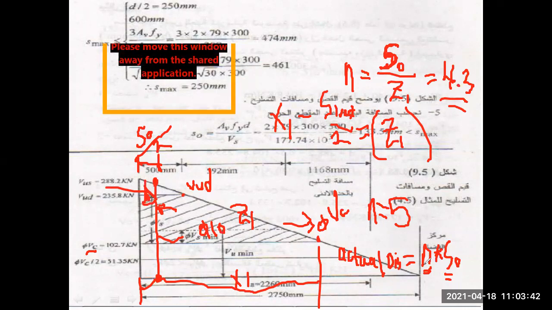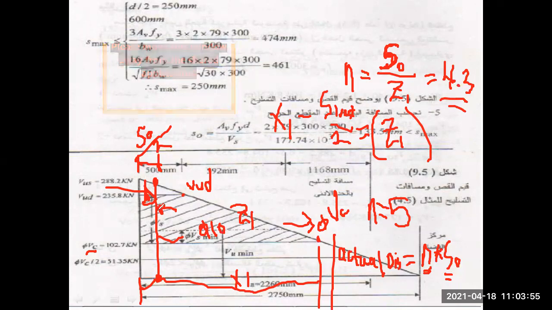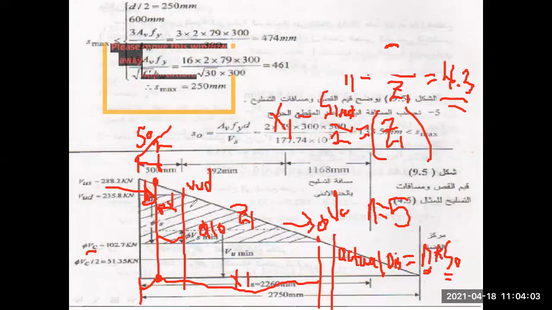So now, n times S naught: usually if you get 4 point something and you round it up to 5, the distance will go beyond this zone. So each spacing, you place a stirrup. You have 1, 2, 3, 4, 5, and 5 could be here.